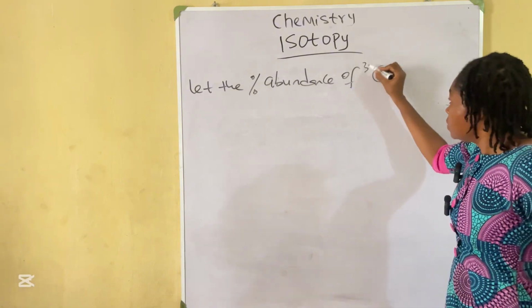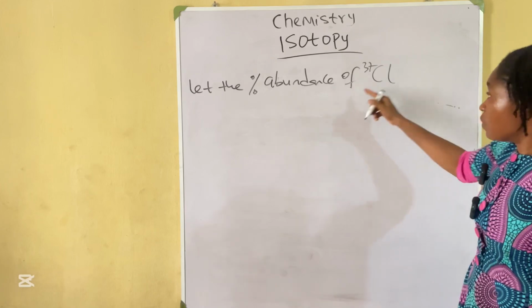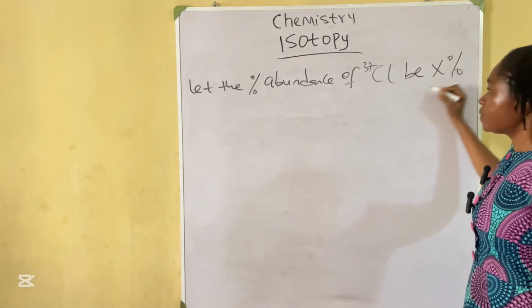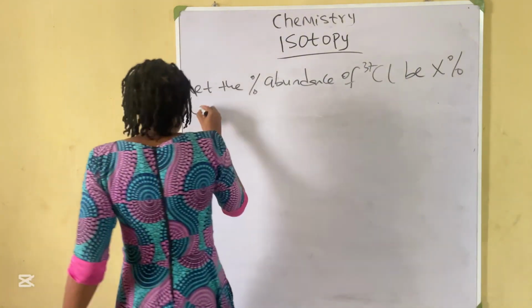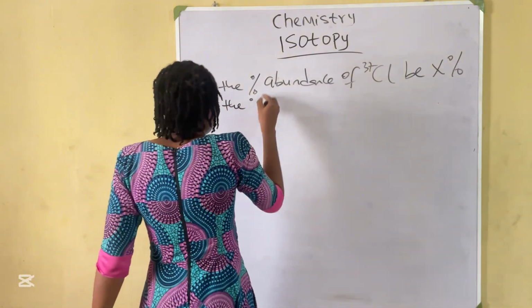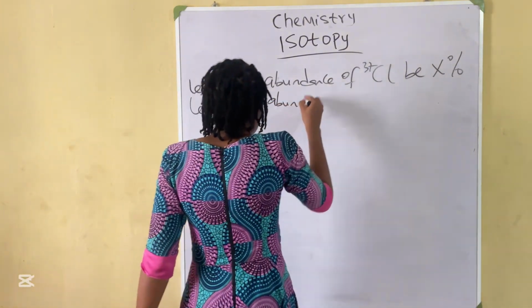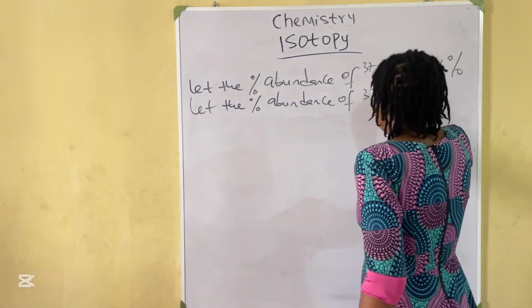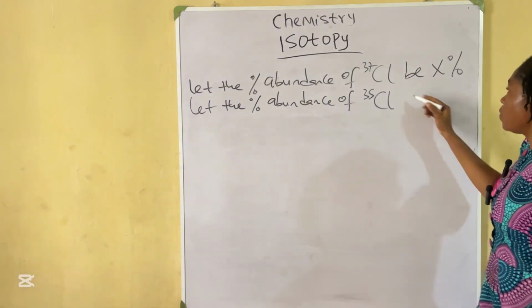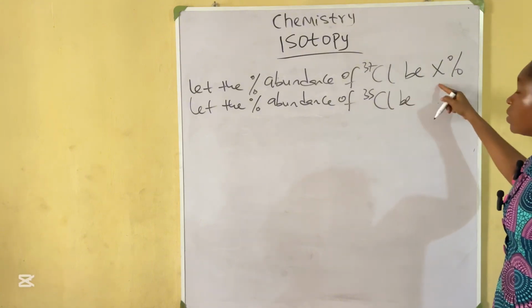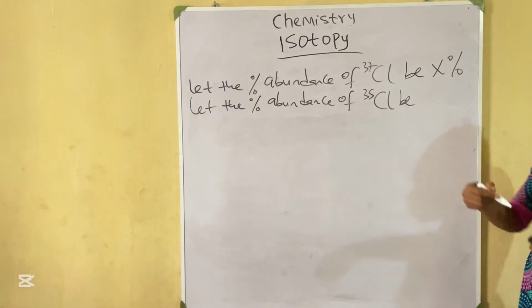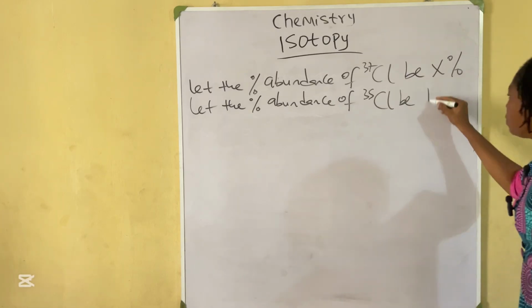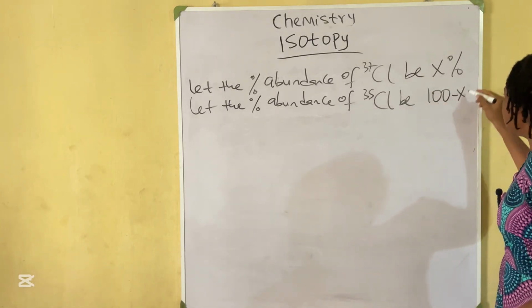So let the percent abundance of chlorine 37 be X%. Let the percentage abundance of chlorine with mass number 35 be... If I know that this one is X%, how do I get the other one? 100 minus X. So let it be 100 minus X%.